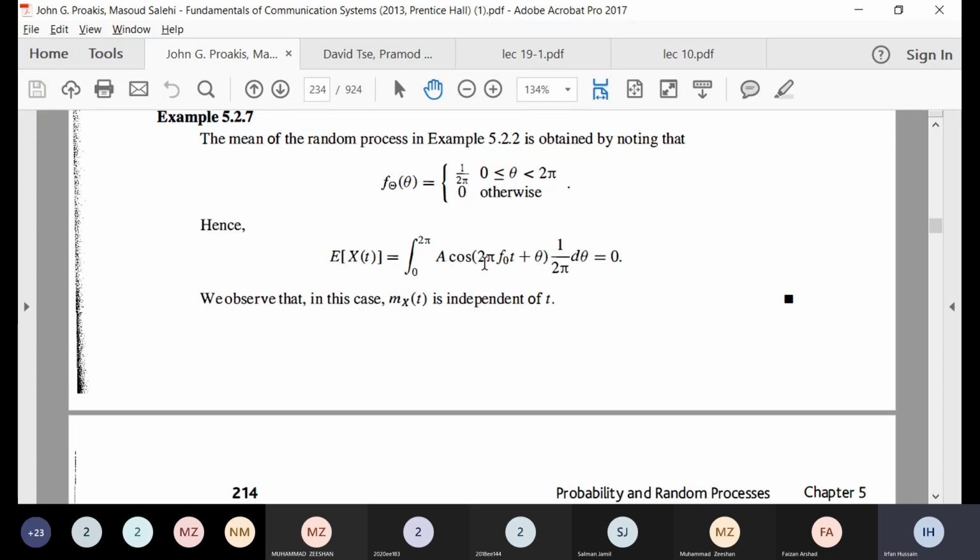If you take any theta, any shift, once you integrate cosine over the whole time period, you will always get 0, because the number of positives is equal to the number of negatives. All right, so the mean is 0. This means that you can take any time t, and the mean of your random process at any time t will be 0.